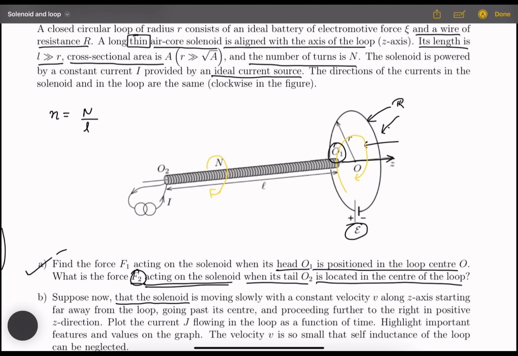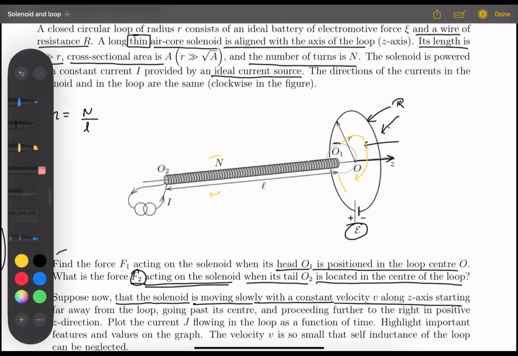We're going to be using the dipole moment concept again, that the entire solenoid is constructed out of many, many differential dipoles, but we're basically going to be saying that all of those dipoles cancel out.